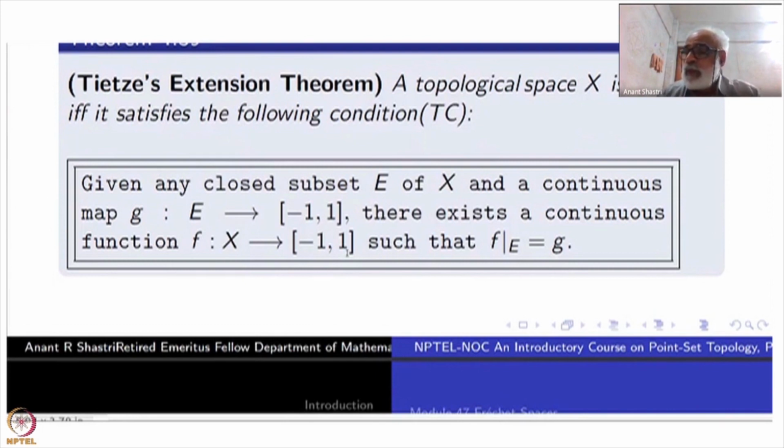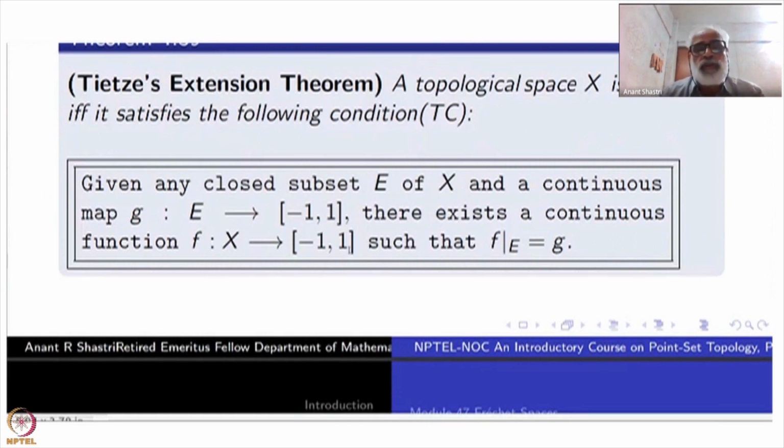So every continuous function defined on a closed set can be extended to a continuous function, retaining the codomain as it is, namely a closed interval. So here we are using -1 to +1.